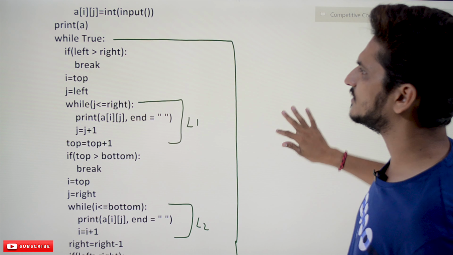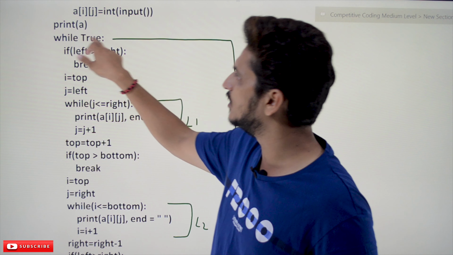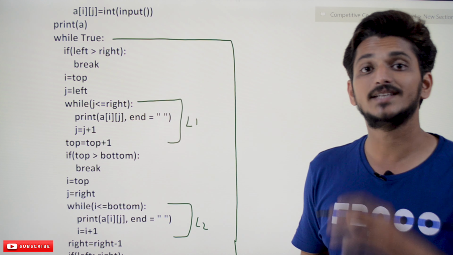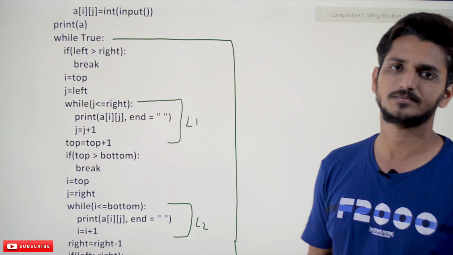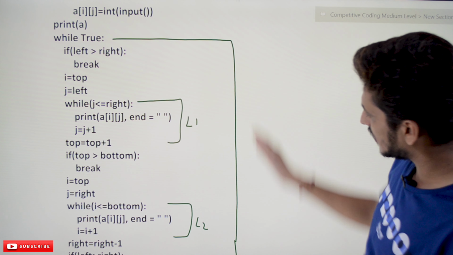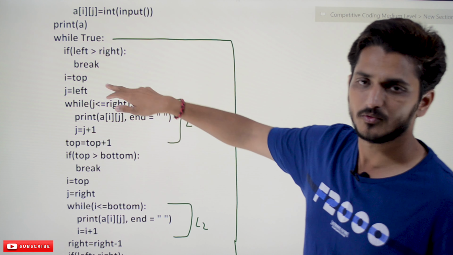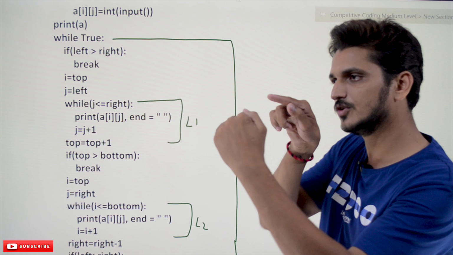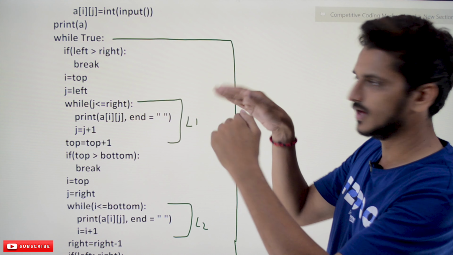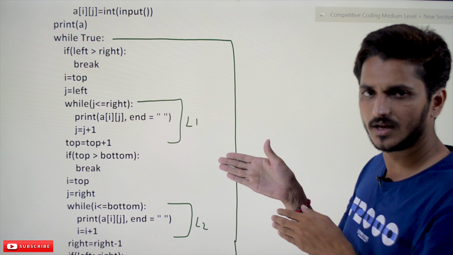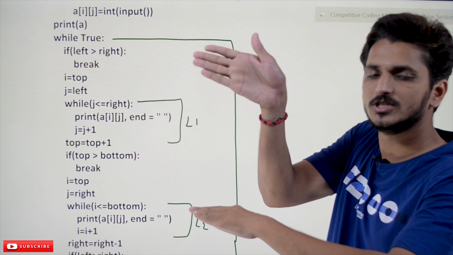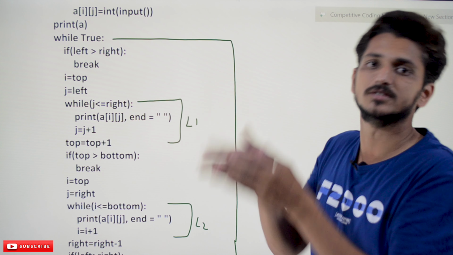Now coming to this, we are going to take a loop, while True. What does that mean? It's an infinite loop. Within this outer infinite loop, we are going to write four different loops. One loop displays the top row from left to right, another displays the right column, another displays the bottom row, and another displays the left column.